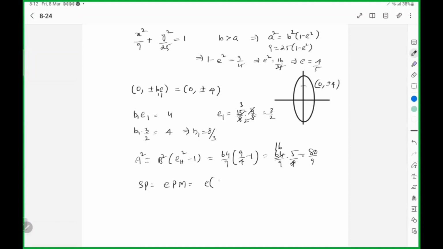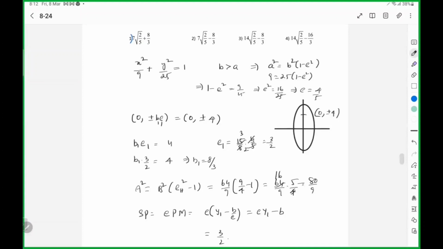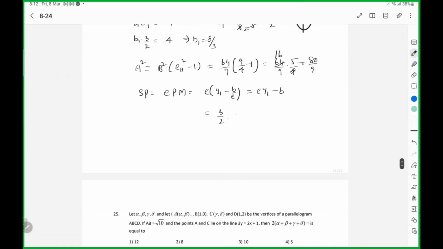PM here is y1 minus, B by E, which is E by 1 minus P. So eccentricity is 3 by 2. Y coordinate 14 by 5, 2 by 5.